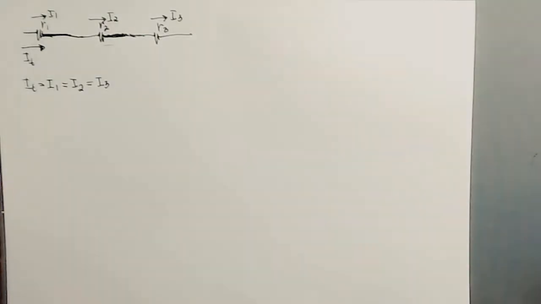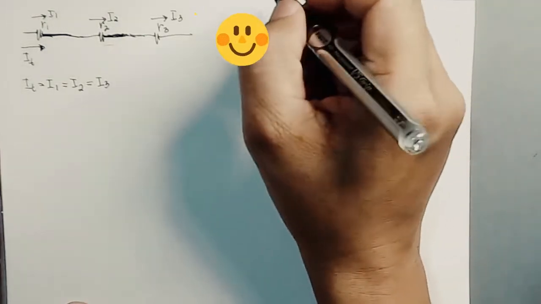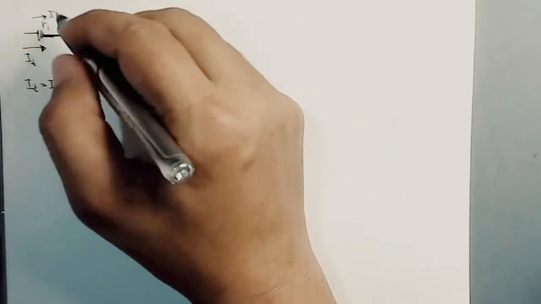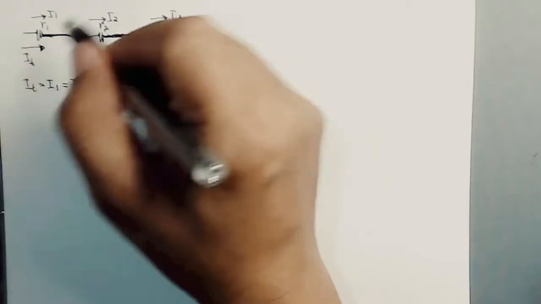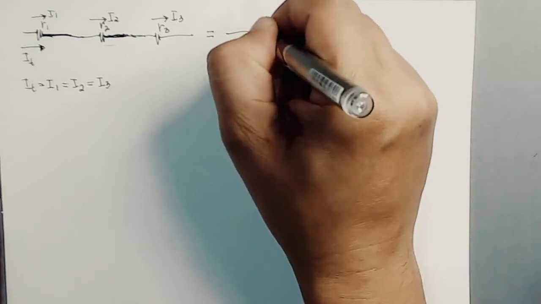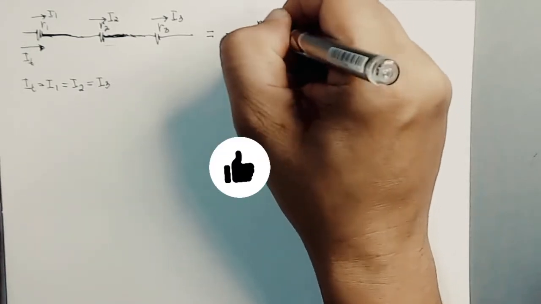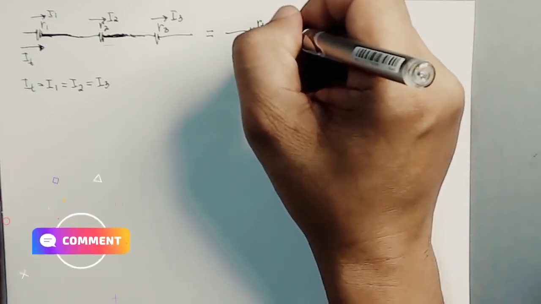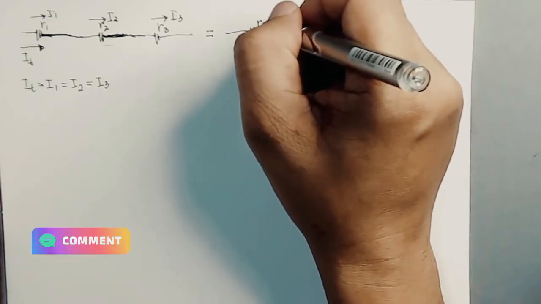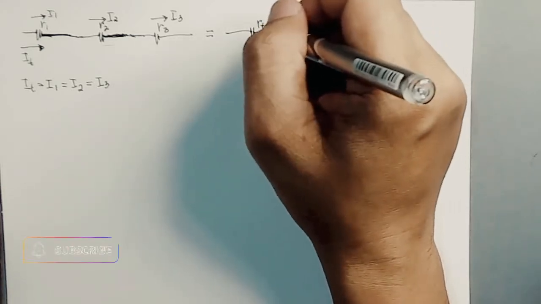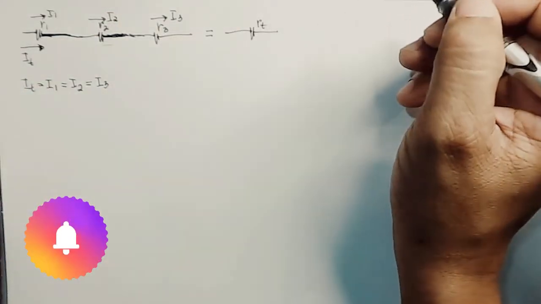For the total resistance, we can actually get another resistor equivalent to the values of R1, R2, R3 connected in series. So this can be represented by a single resistance, R sub T. It means that this will be the total resistance, or the total value of the resistors R1, R2, and R3.